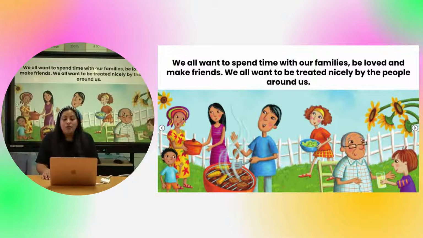We all want to be treated nicely by the people around us. In this picture, we see a nice barbecue. We see different kinds of foods, different kinds of people. And the person that wrote the book wants us to know that even though we're different, we all want the same feeling inside. We want to feel nice with the people that we're around.